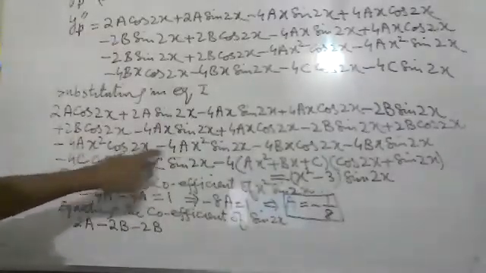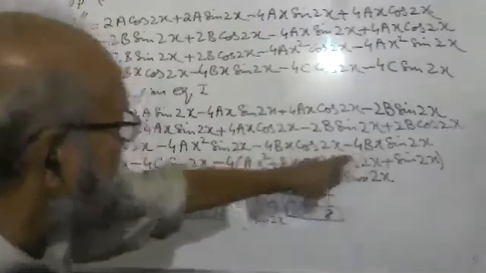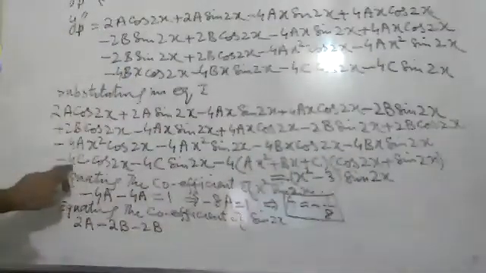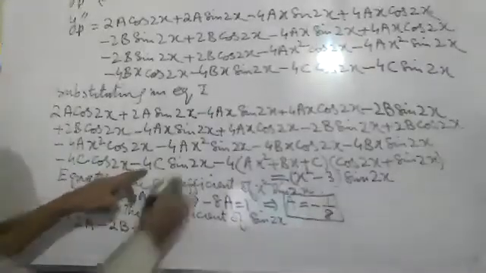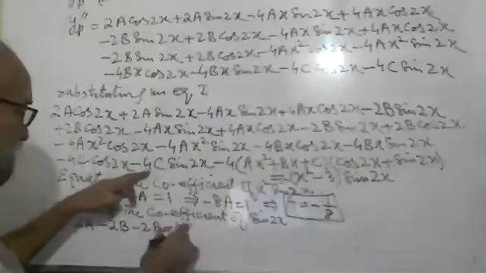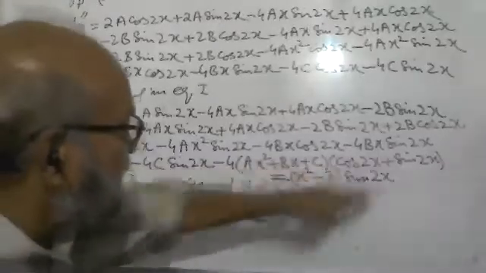Then this is x square, this is x square, this is x, this is also x. Minus 4, this is cos, this is minus 4c sine 2x. There will be minus 4c sine 2x.